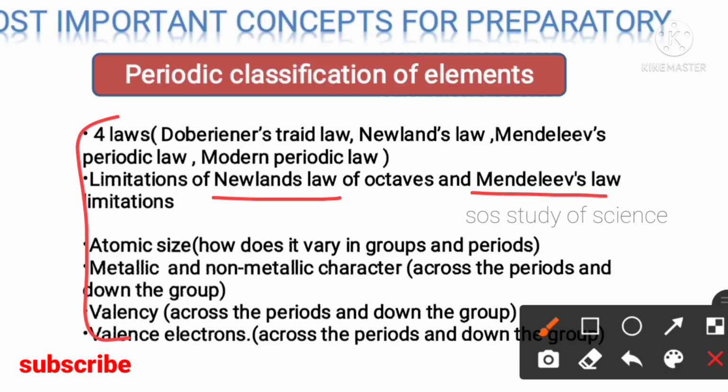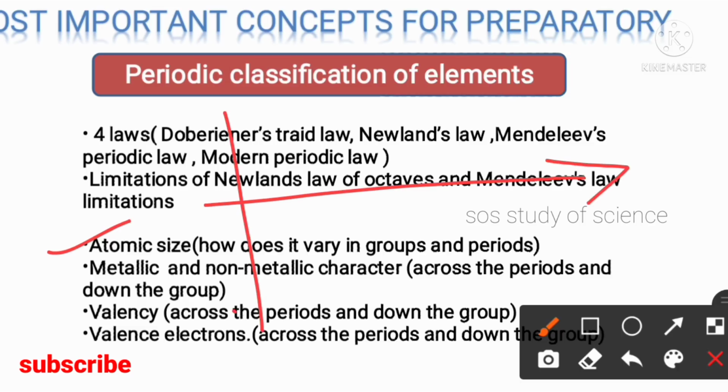And next, you can frequently expect a 3 marks question from this topic. They may give certain elements and ask you to name the 2 elements that have the least atomic size, or identify which element has the least or the greatest atomic size, or what happens to the atomic size when we go from left to right and from top to bottom in the periodic table.